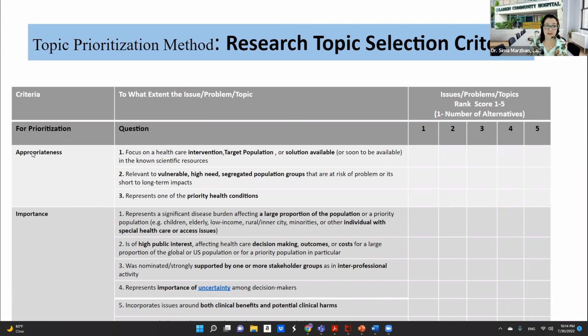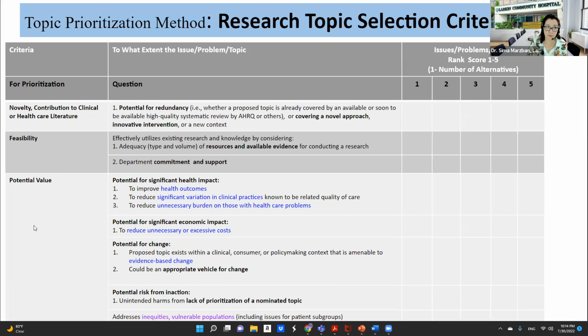So the first criteria was appropriateness. The second criteria was importance, and then novelty, feasibility, and potential value about health outcomes, significant variations in clinical practice.